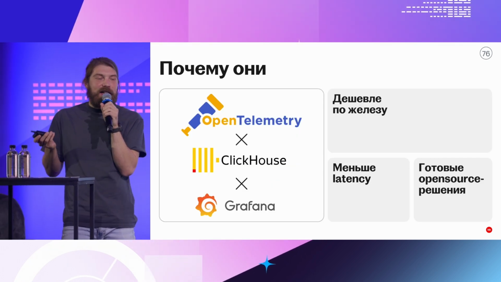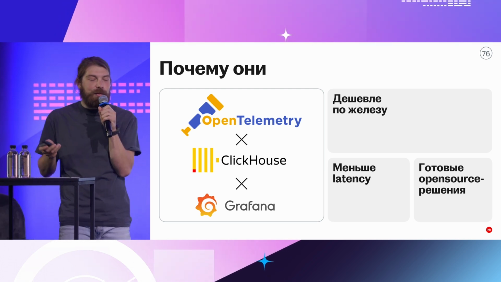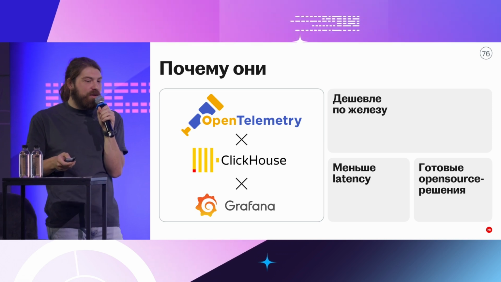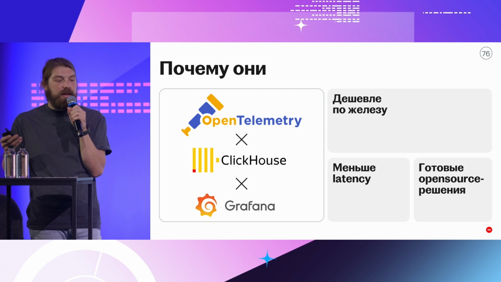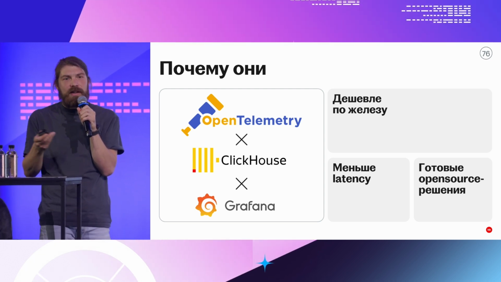So this time we decided to add ClickHouse and Grafana. The choice was made based on the following criteria: it should be open source, but most importantly, ClickHouse provided for quite a stable read time compared to Elastic.